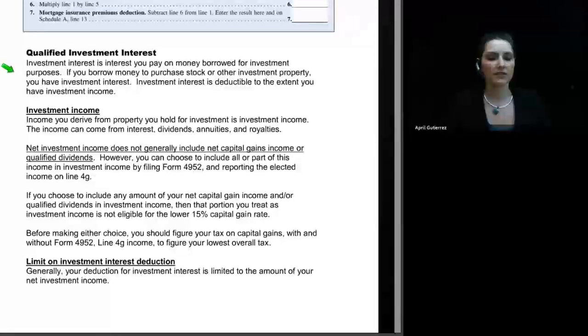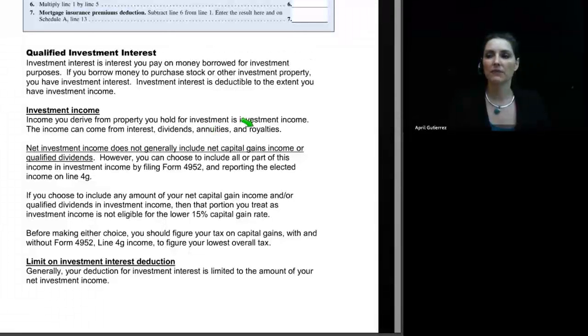Qualified investment interest is interest you pay on money borrowed for investment purposes. If you borrow money to purchase stock or other investment property, you have investment interest. Investment interest is deductible to the extent that you have investment income. So that's the question. Do I have investment income? How do I define investment income? The IRS says that investment income comes from interest, dividends, annuities, and royalties.